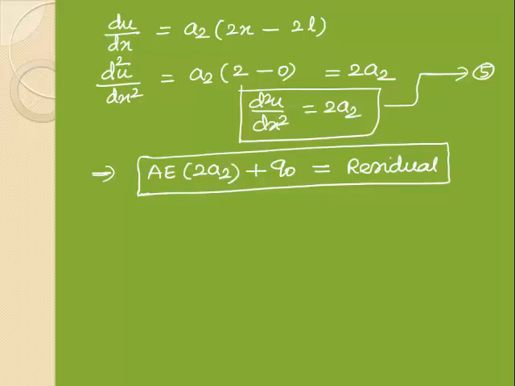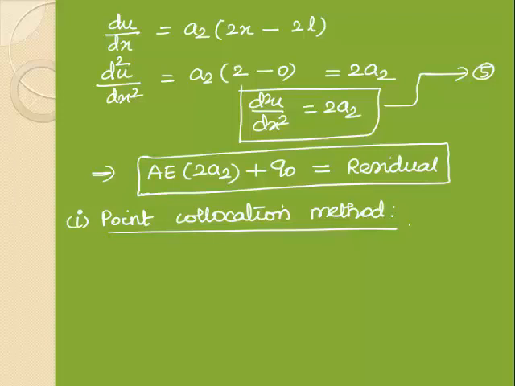In the first method of weighted residual approach, that is called the point collocation method, the residual will be directly equated to 0 to get the required answer.